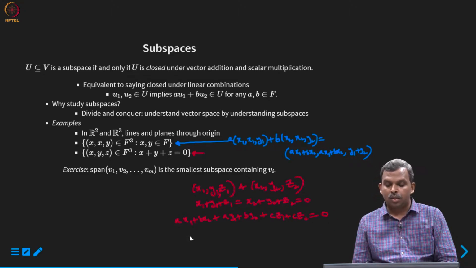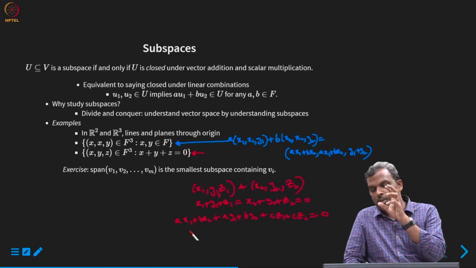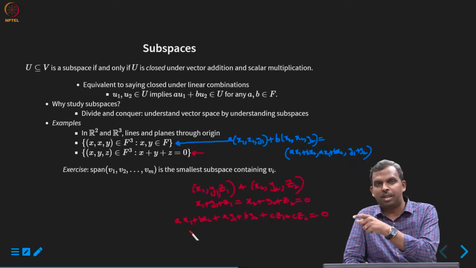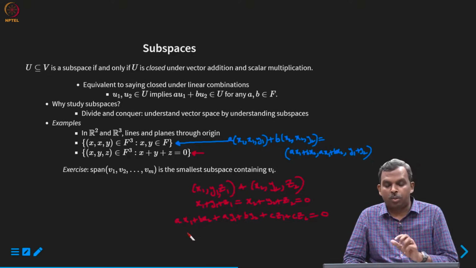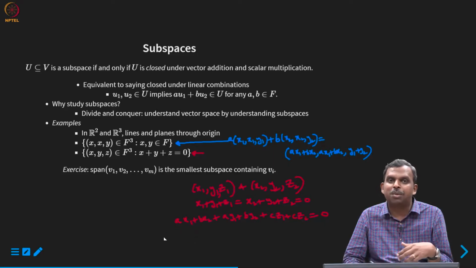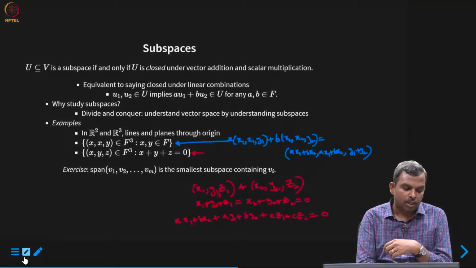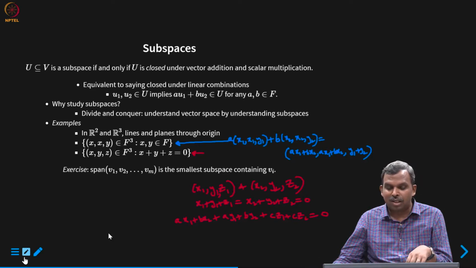So if you take linear combinations, ax1 plus bx2, ay1 plus by2, az1 plus bz2, that vector also belongs to the same subspace, so it becomes a subspace. So you can create subspaces using these kinds of linear relationships between coordinates. That's also possible, something to keep in mind, so that you can get subspaces in different forms.